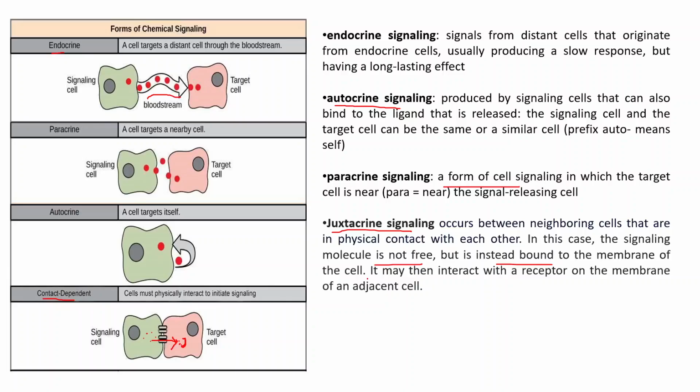It may interact with a receptor on the membrane of an adjacent cell. So here the ligand is not free, like in the case of the other three types of signaling. It is bound to the membrane of the cell, and it will interact with the receptor on the membrane of the adjacent or neighboring cell. So these are the four different kinds of signaling.